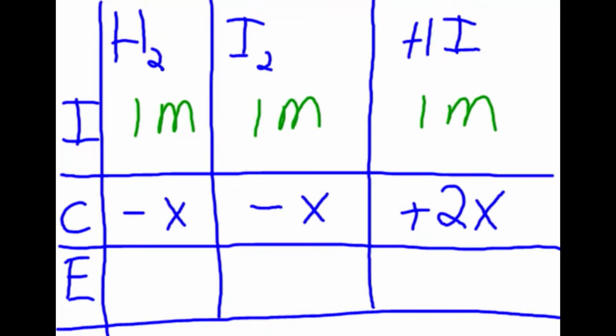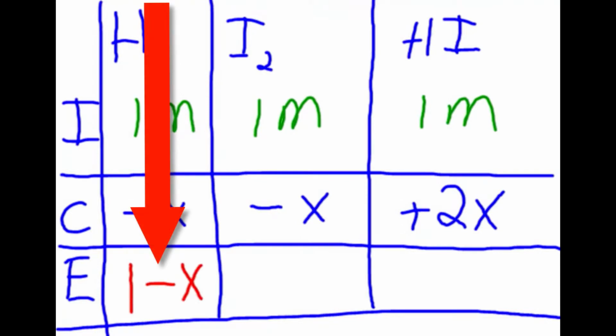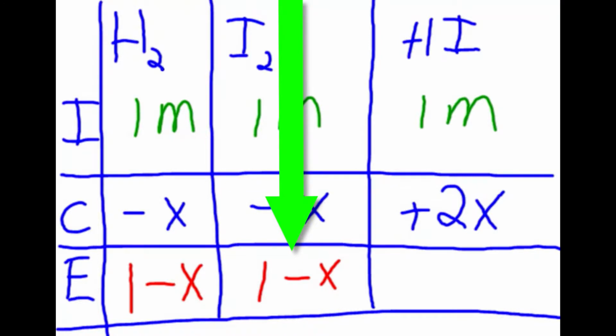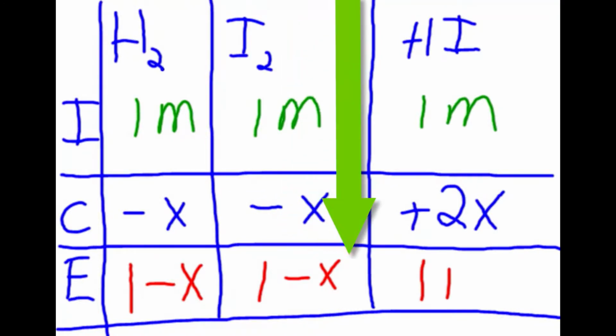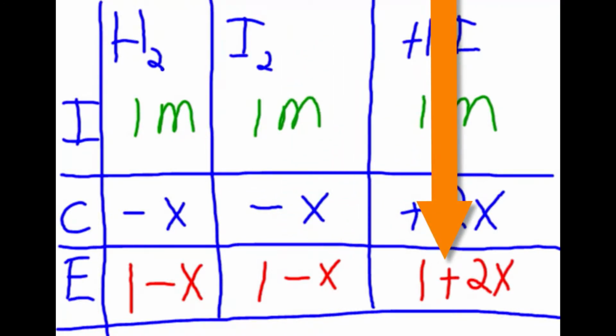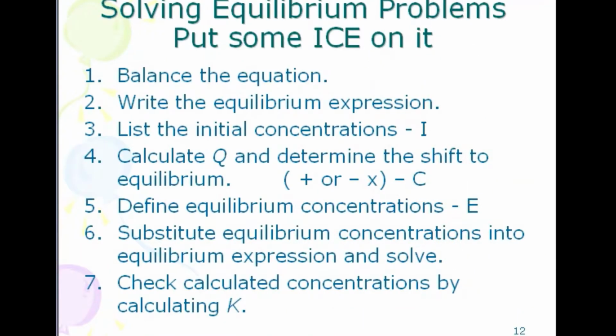Let me show you how to fill it in. This would be 1 minus x. That would be 1 minus x. This would be 1 plus 2x. Right? In the last step, I know my equilibrium concentrations: 1 minus x, 1 minus x, 1 plus 2x. Substitute them into my expression and solve.